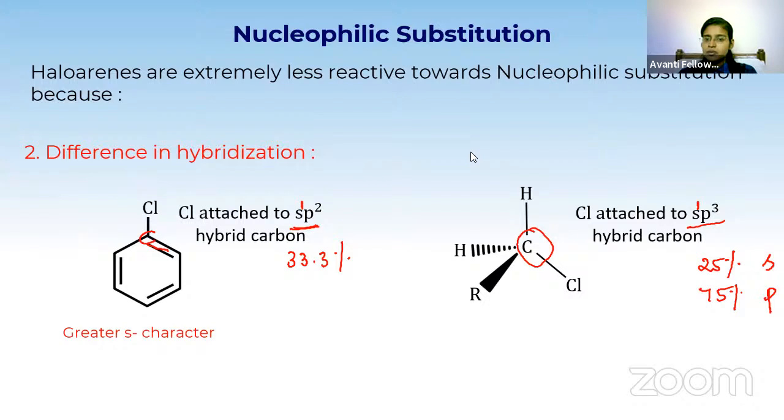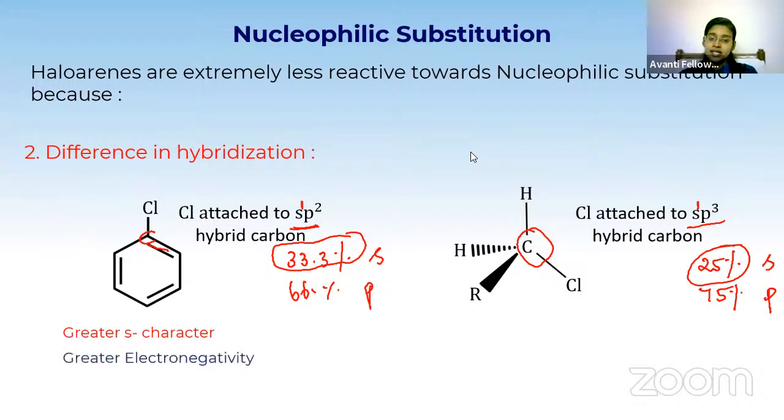If I compare these two, the S character is more in the case of sp2. Since the S character is more, the electronegativity will be greater. Greater the S character, greater the electronegativity.